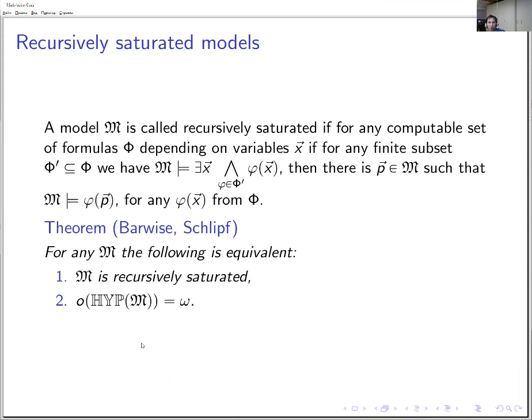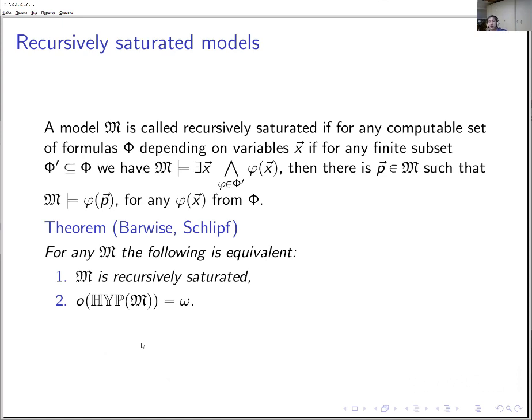Namely, for any computable set of formulas phi depending on a fixed set of variables x, if there is a witness for the conjunction of any finite subset of phi, then in our model there should be a witness for the whole set phi. This is what's called recursive saturation.